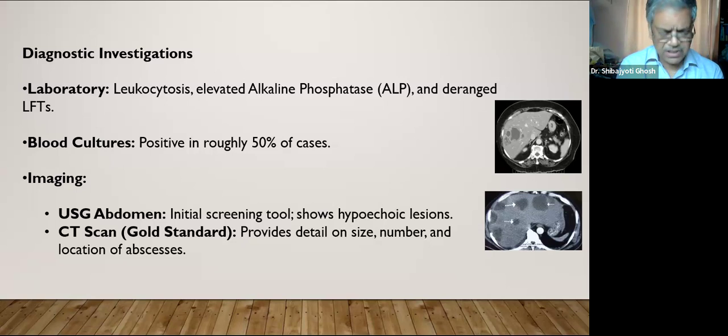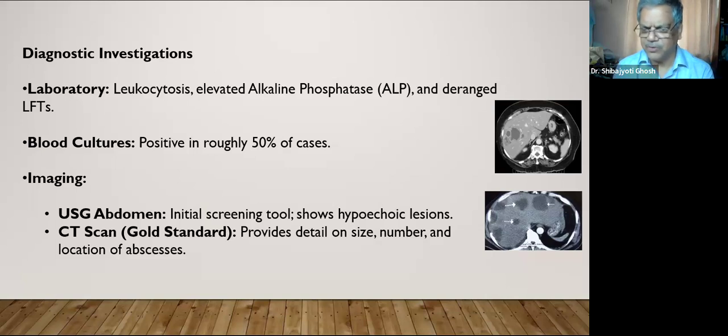The most diagnostic test, initially, is ultrasonography of the abdomen, which can clearly show the hypoechoic lesion in the liver, along with other features like pleural effusion on the right side.